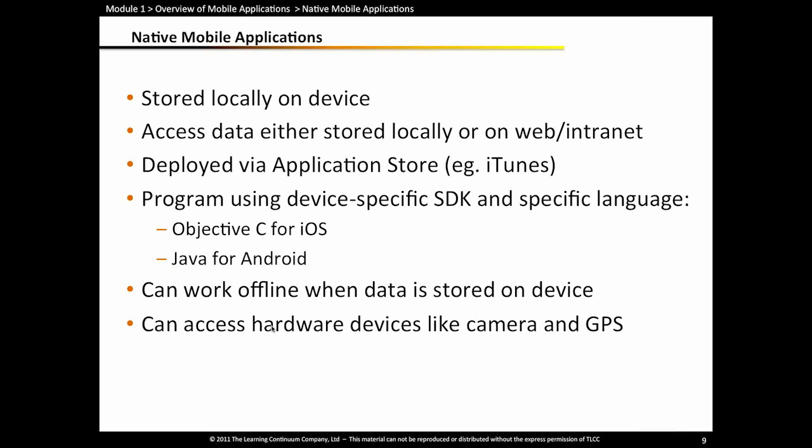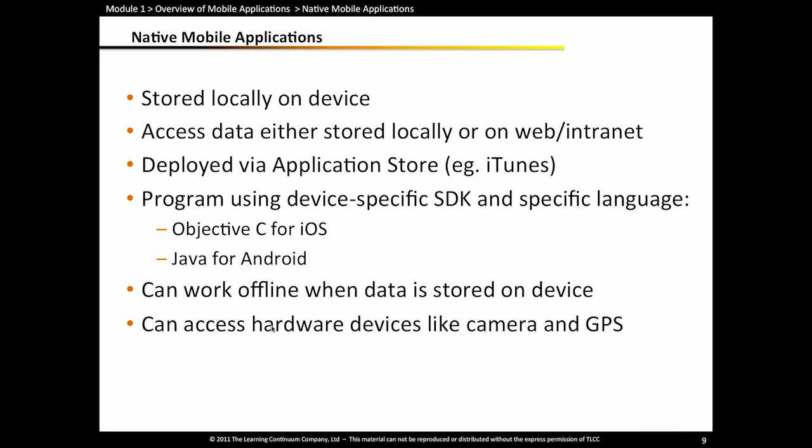They're typically deployed from some type of retail store. For those of you who have iPhones or Android devices, you know that there's the application store. Some applications are available for free, some for some minimal charge. Again, those are all developed with the device-specific API and software development kit, so you have to have an environment specific to developing for that particular platform.